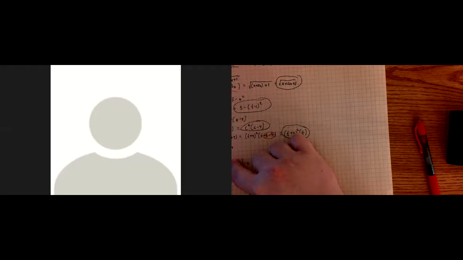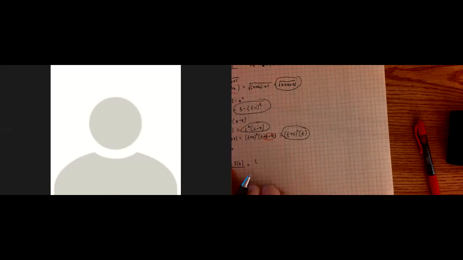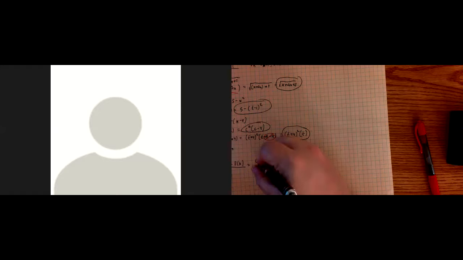That means I take the f function, and everywhere there's an x, I replace it with x plus delta x. I then subtract from that function the original function, f of x. I then divide that entire subtraction by delta x. So watch what this looks like. I take the original function, and everywhere there's an x, I plug in x plus delta x.